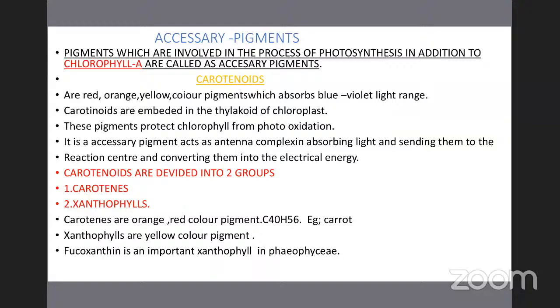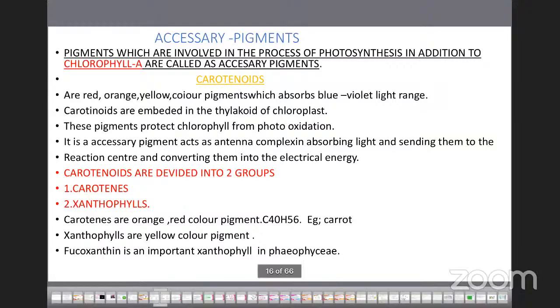Next, carotenoids are divided into two types: carotenes and xanthophylls. Carotenes are usually orange or red color pigments. Their molecular formula is C40H56.